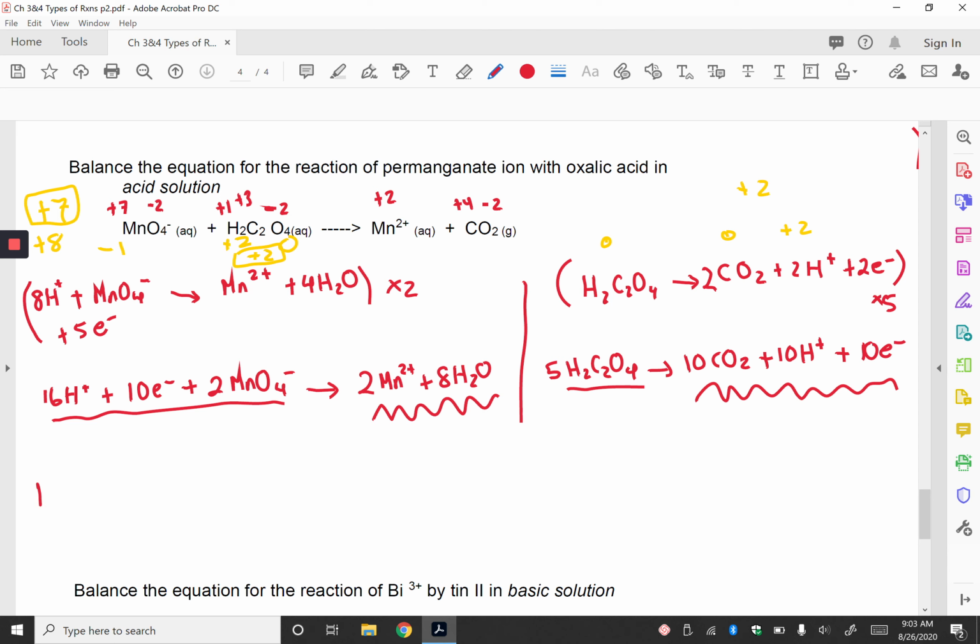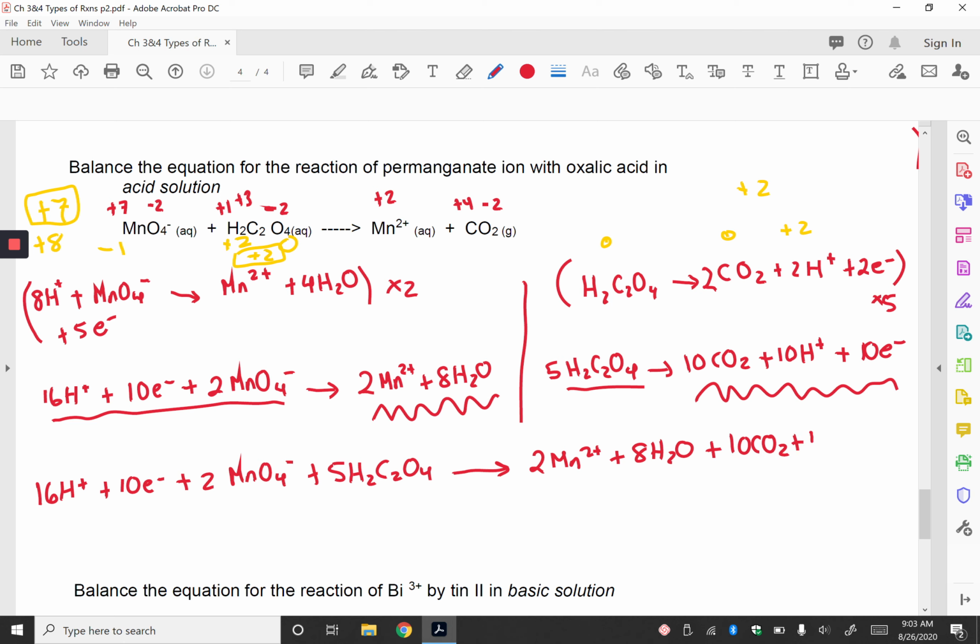So I'm going to do that. 16H+ plus 10 electrons plus 2 MnO4- plus 5H2C2O4 yields, and then my products, 2 Mn2+ plus 8H2O plus 10 CO2 plus 10 H+ plus 10 electrons.